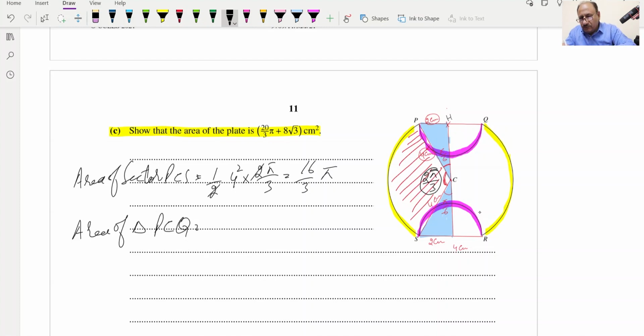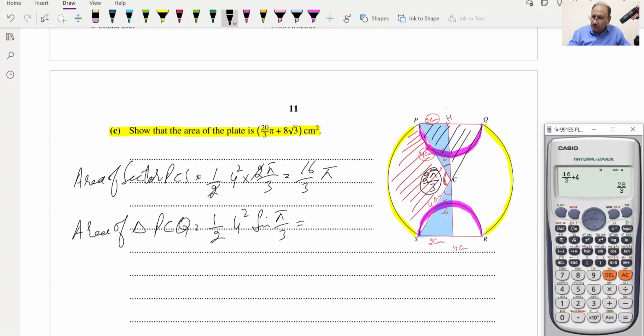So area of this one PCQ will be this whole triangle, and this will be equal to 1 by 2 r square, meaning 4 square, and sine of pi by 3. Pi by 3 we have taken because we are taking double of pi by 6, half of this one, complete triangle PCQ.